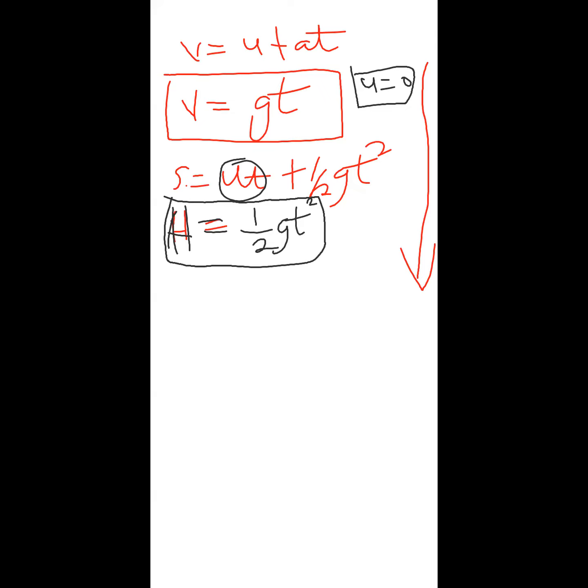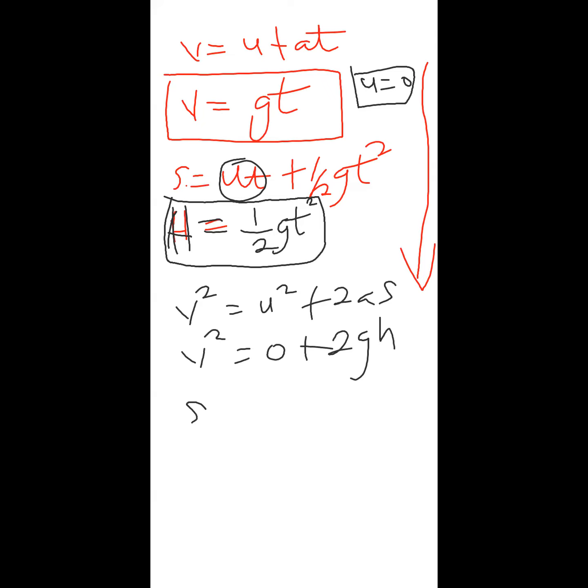Okay, so the next one is V squared is equal to U squared plus 2AS. We have already established that U will be equal to 0 because we are dropping it from a height. So it's going to be V squared is equal to 0 plus 2GH.